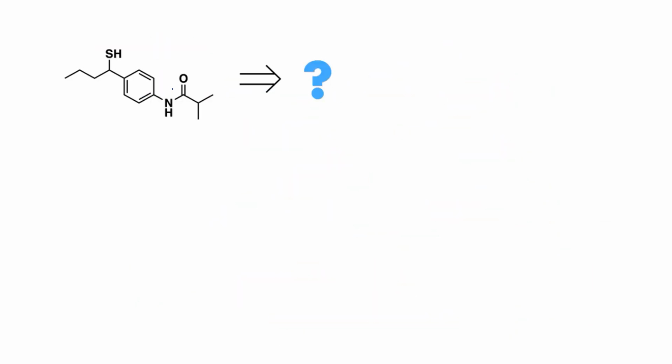So how will you plan the retrosynthesis of this compound? Here you can see there is an amide and there is a thio group. So if you break this bond first, or this one first, what will you get? There will be a bromine.